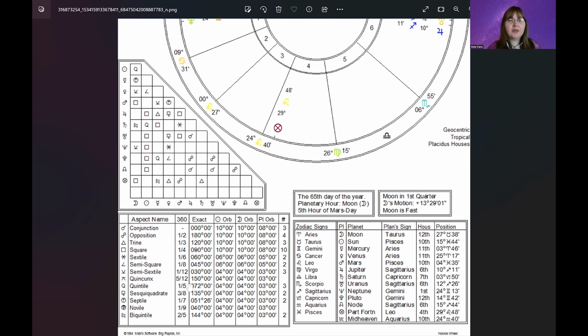If you go below that, it can help you figure out what this means, because this is a lot of symbols. These are the legends for the aspects, planets, and zodiac signs down here on the bottom. This first area, right below the aspect chart, is the legend for the aspects. You can see the symbols down the left side, and right next to them is the name for that aspect.